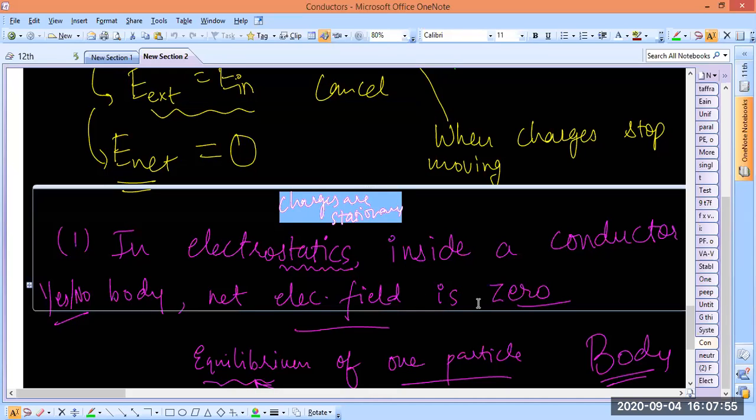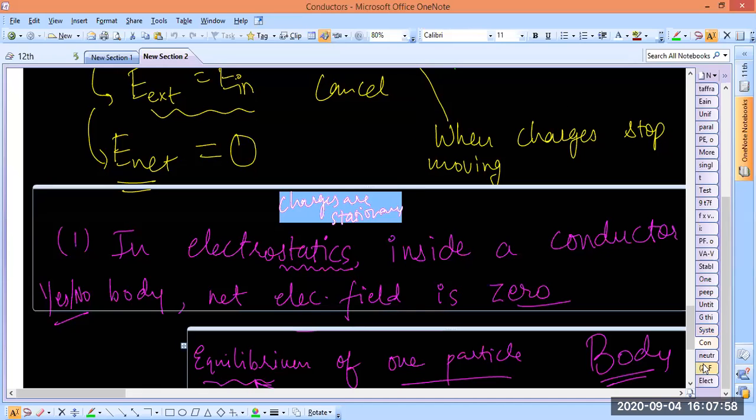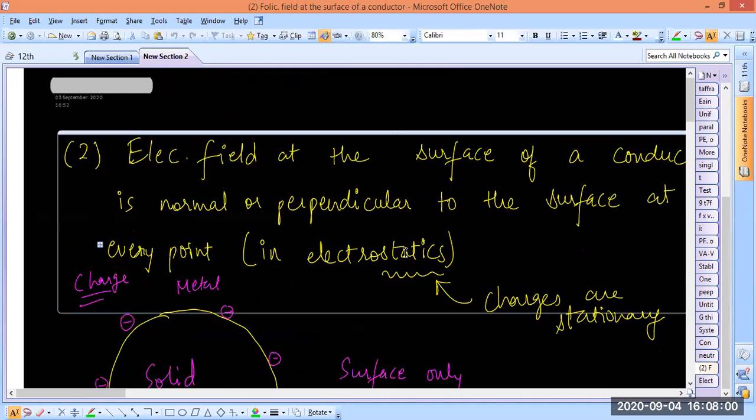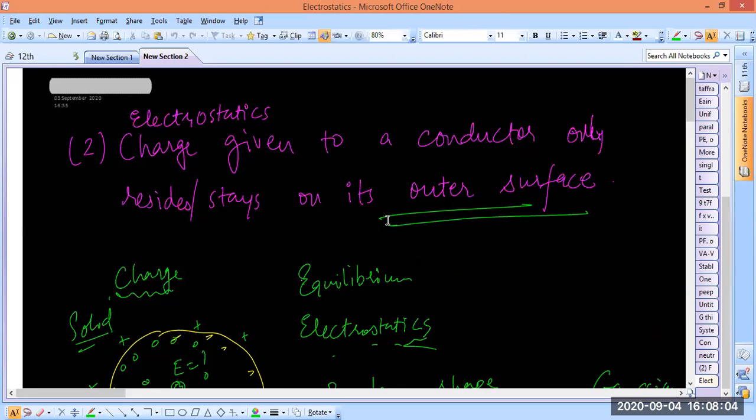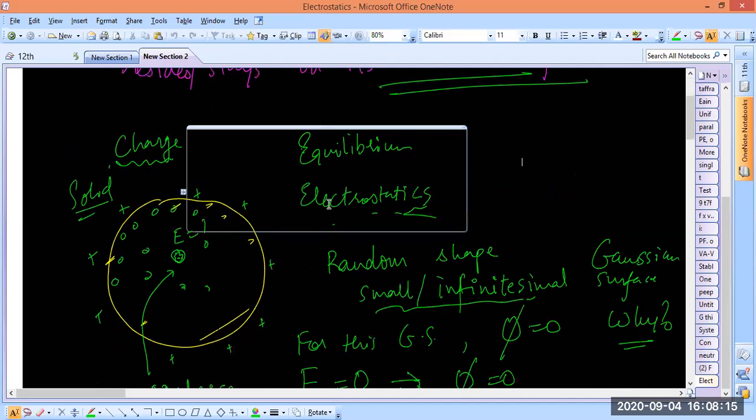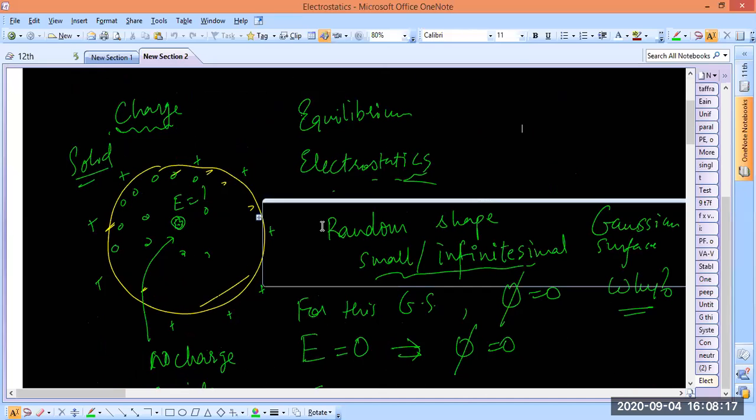Okay, so that's the idea. Then the second property is that in electrostatics, the charge given to a conductor only stays on its outer surface, right? That is, there is no charge anywhere inside the body.